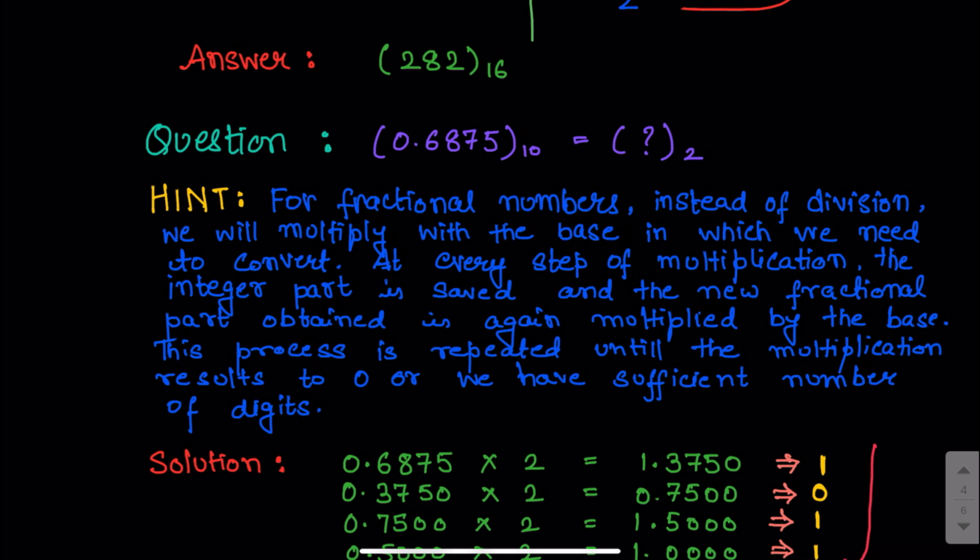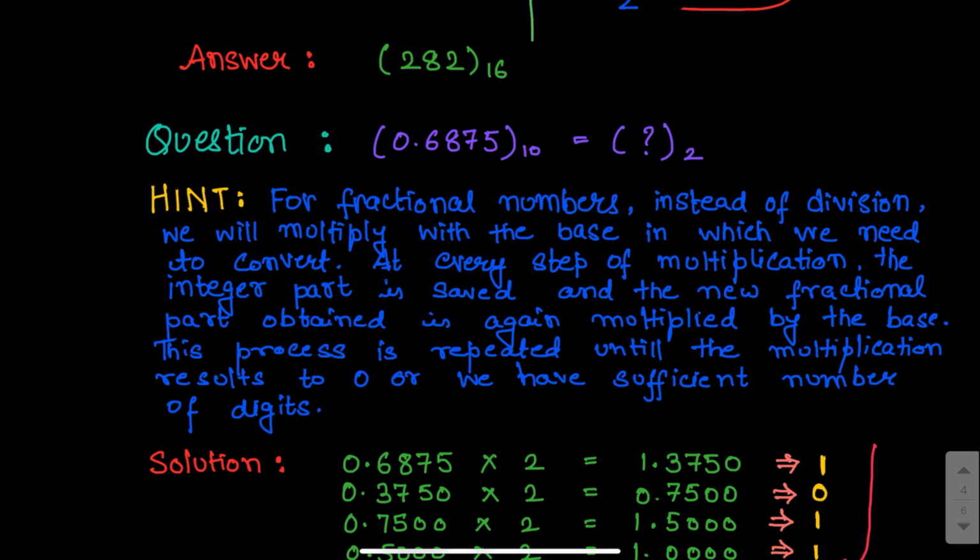Start the multiplication. At every step of that multiplication, the integer part will be saved, and the new fractional part that you get will be again multiplied by the base. So whenever I multiply with the base, I'll save the integer part that is before the decimal, and then I will carry forward the fraction that I obtain to the next step, again multiply, again keep saving the integers and taking the fractional part again to the next step.